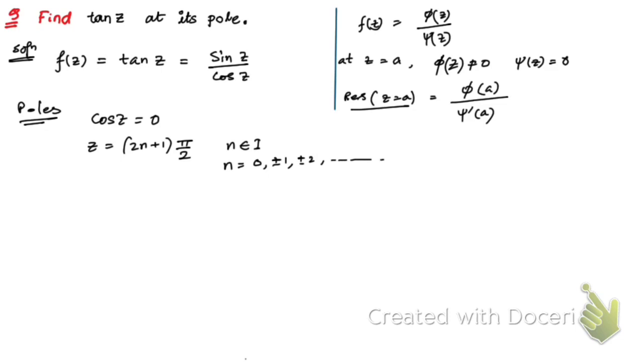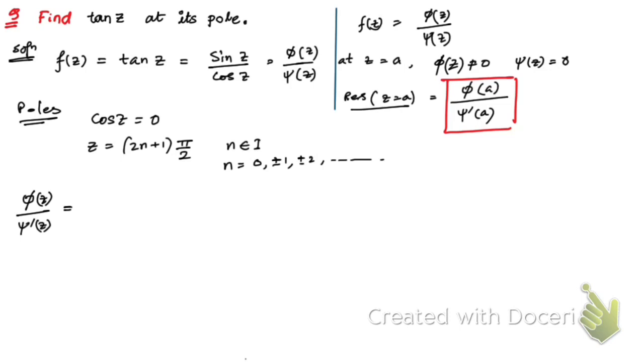So now you see, if you apply this method, first let us note this is of the form phi of z by psi of z. So now we need phi of z by psi dash of z, that means the derivative of psi.